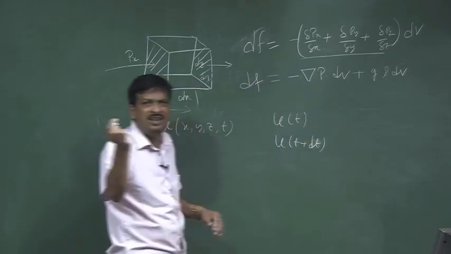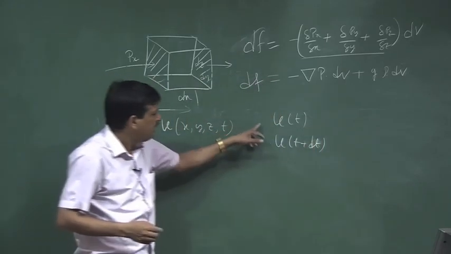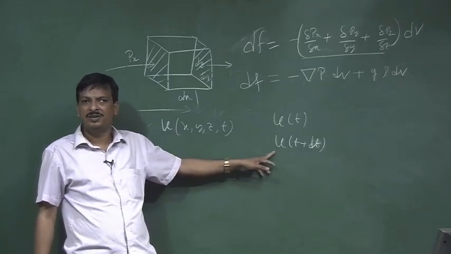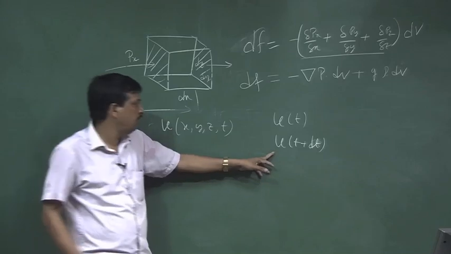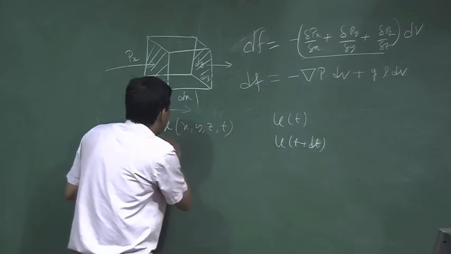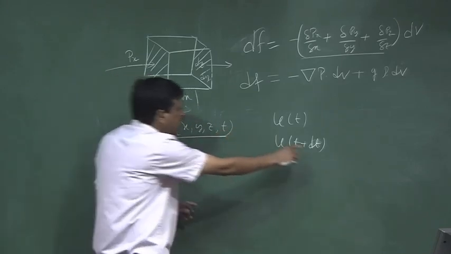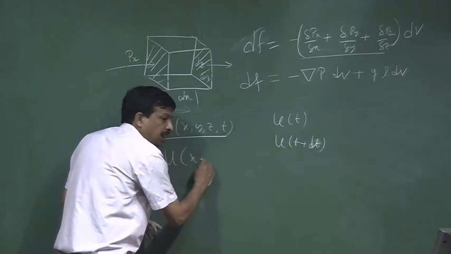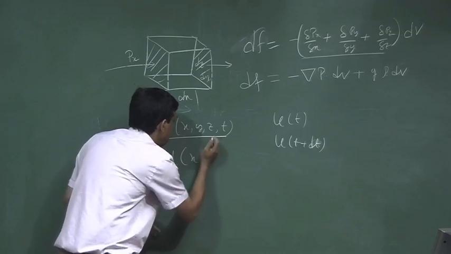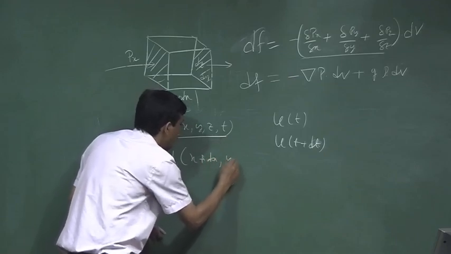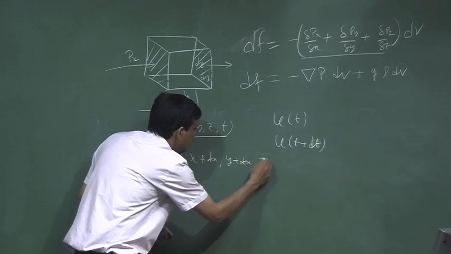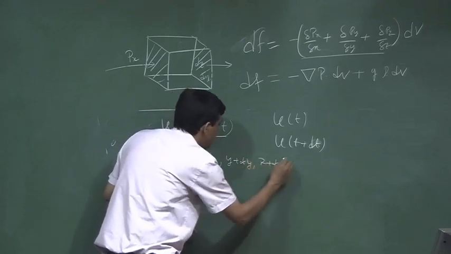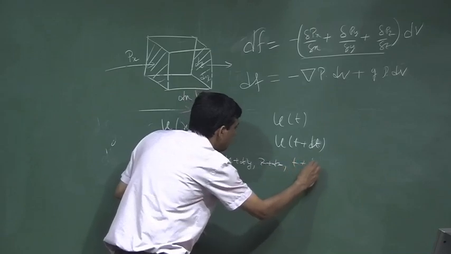After a little change of time, not only does time change, the position of the particle also changes. So if this is my initial u at t, after dt time I will get a particle velocity which is u at x plus dx, y plus dy, z plus dz and t plus dt.